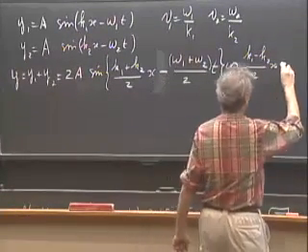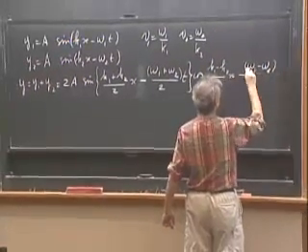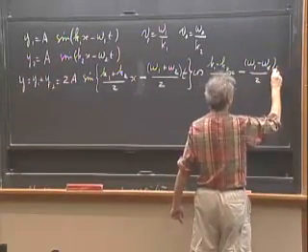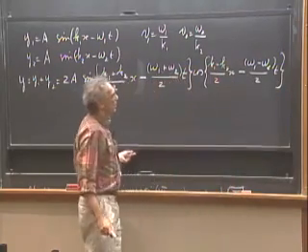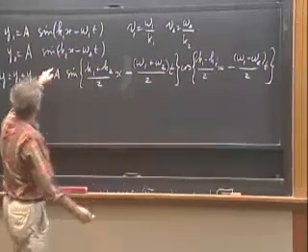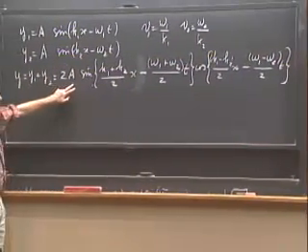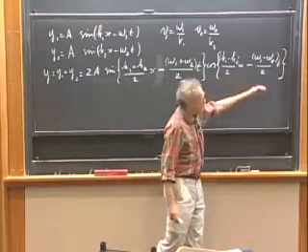And now I get minus (omega 1 minus omega 2) divided by 2 times t. So look closely what I have done here. I've added two sine curves. I get twice the amplitude, the sine of half the sum times the cosine of half the difference.